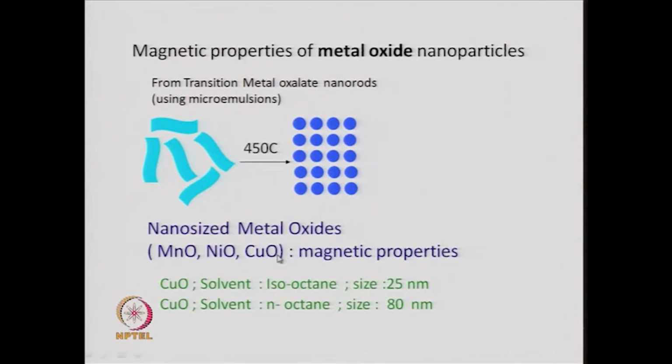This is an example that we discussed of copper oxide, but the same can be discussed about manganese oxide or nickel oxide or say ruthenium oxide or any other oxide, and how the starting material, starting solvent and surfactant etcetera will affect the transition metal oxalate, and that in turn will affect the size and shape of the transition metal oxide. So, this is a big area of research and a lot of work has been done and a lot is known about how to control the size and shape of the final metal oxide particles which are magnetic in nature.